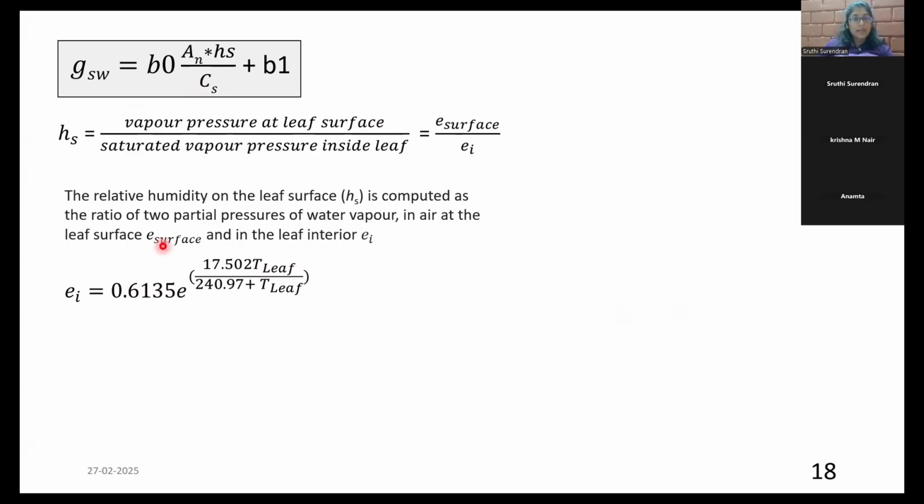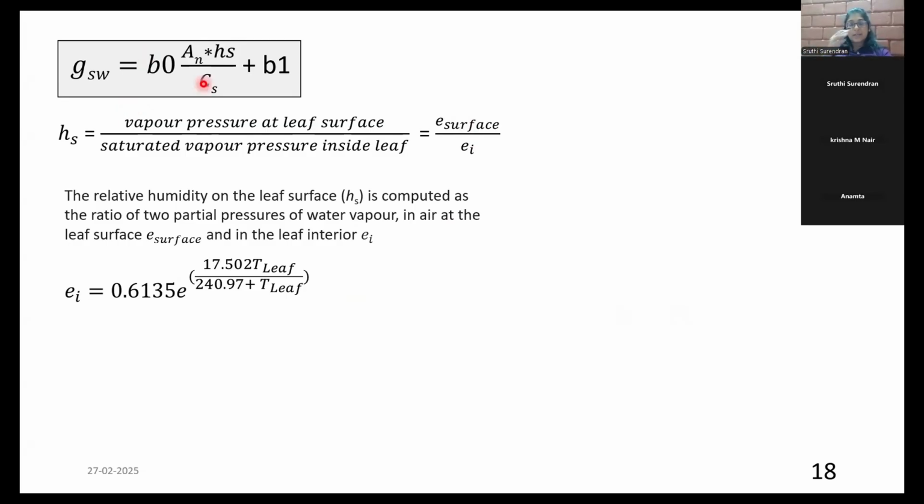The saturated vapor pressure inside the leaf is represented as a function of the leaf temperature, so if we know the temperature of the leaf, we can estimate this value. On the surface of the leaf, the psychrometric chart gives us the values of partial pressures, and by dividing these two terms, we get the relative humidity at the surface of the leaf.